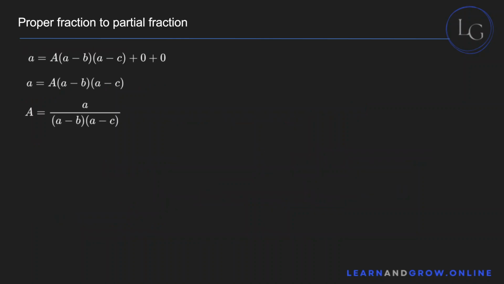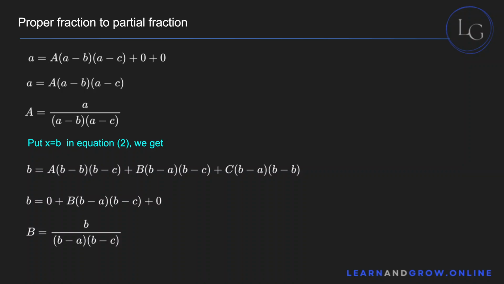So we're just left with the term that has B in it, and this b will become the numerator, and this b minus a and b minus c will go in the denominator over here. And so uppercase B is equal to lowercase b over lowercase b minus a into lowercase b minus c.